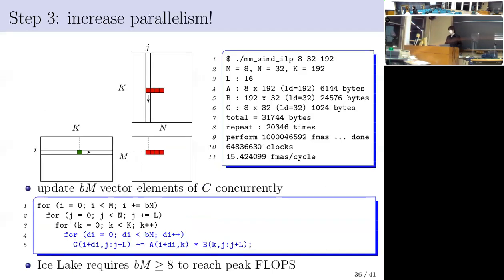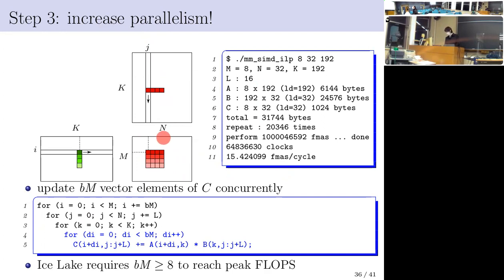So how can you improve it? Like I said, the only way is to increase parallelism. Fortunately, you have so many elements to work on. You have so many C elements. So why are you updating only a single vectorized element at a time?